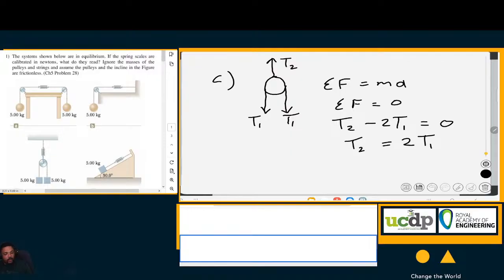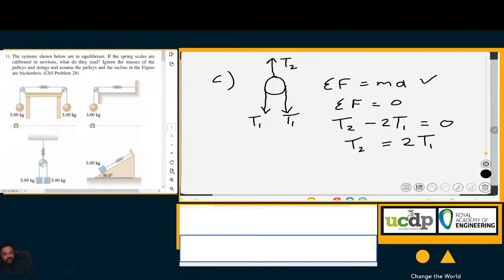Now we know that the sum of the forces is equal to mass times acceleration. If we apply Newton's first law to this situation, we should immediately know that the sum of the forces should be 0. Why? Because the system is in equilibrium, there is no net force.